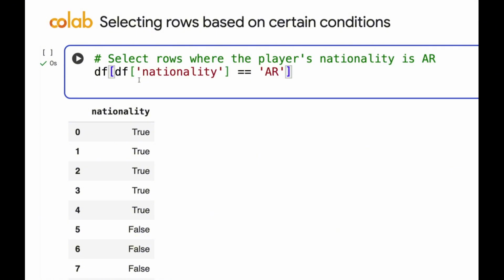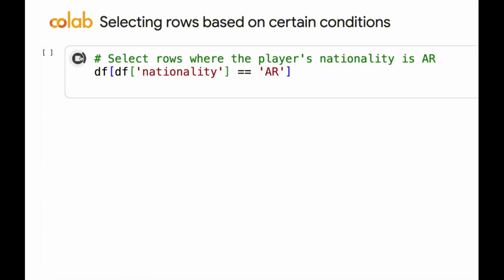So that will help us retrieve the records that satisfy the given condition, which is that the value in the column of nationality should be equal to AR. And then if you look at this intermediate result, all those rows with true values will be selected, which is row 0 to row 4.